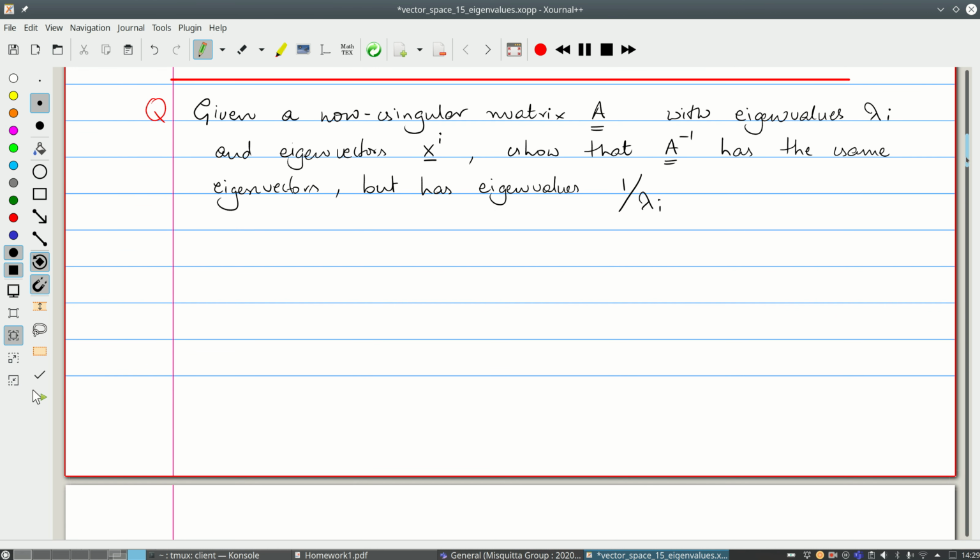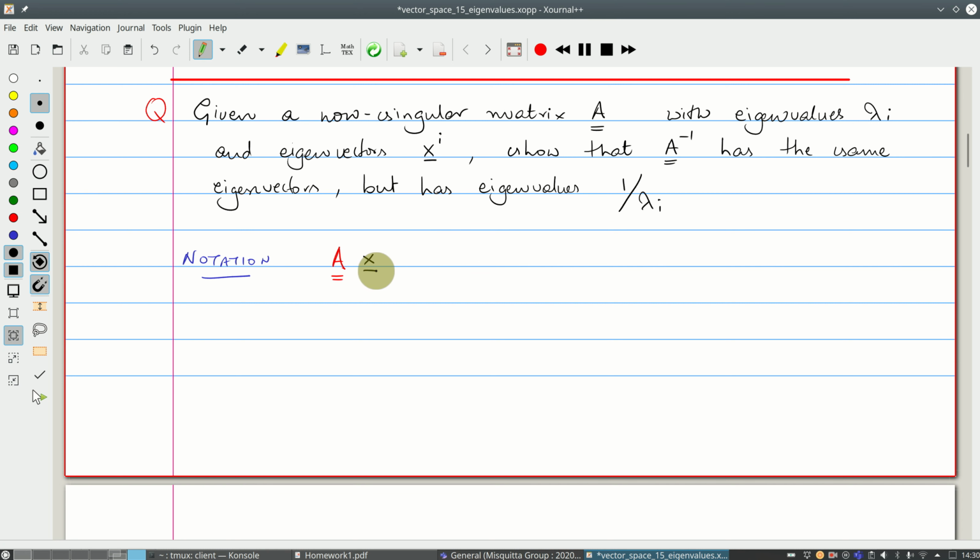Now a bit of notation here. In general, a matrix A or an operator A will have more than one set of eigenvalues and eigenvectors. So we need some way of writing these down, and the way we do it is as follows.